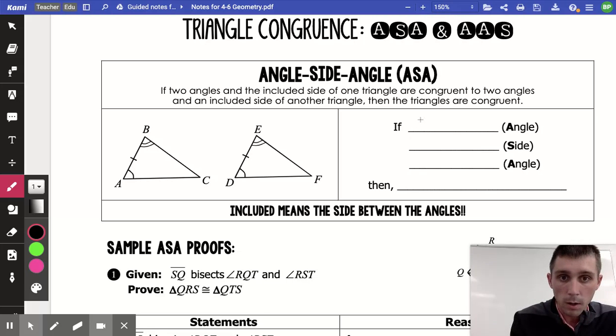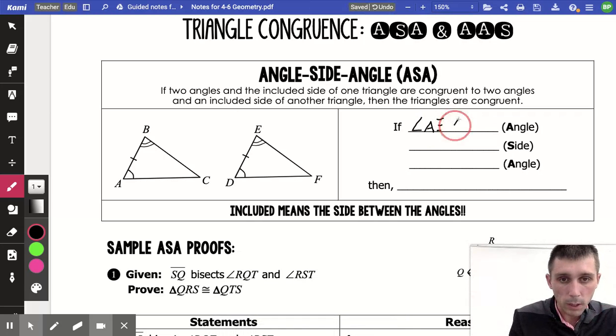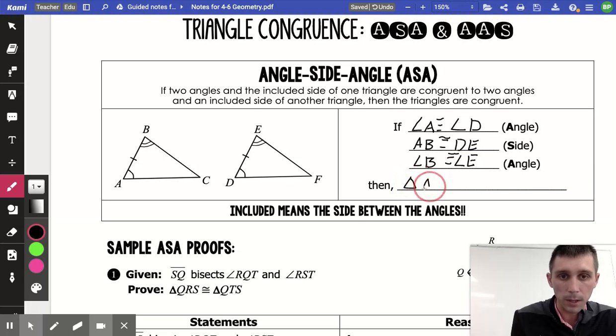So in this one, if angle A is congruent to angle D, and the side AB is congruent to DE, and then an angle on that same line, angle B congruent to angle E, then triangle ABC is congruent to triangle DEF.